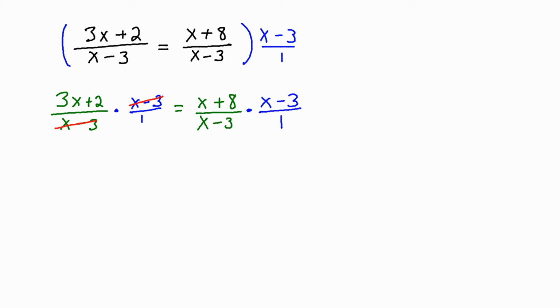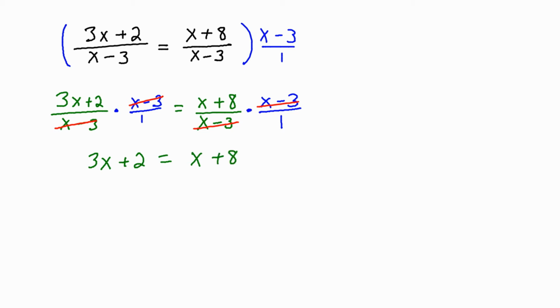The x minus 3's cancel, leaving me on the left with 3x plus 2 equals, on the right, the x minus 3's cancel, so that leaves me with x plus 8.